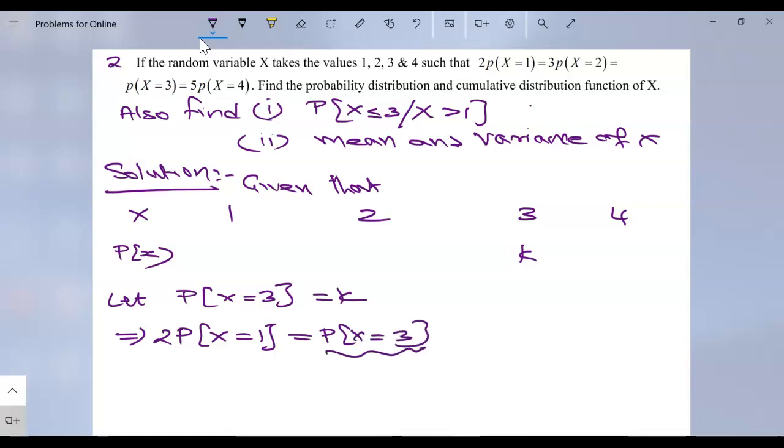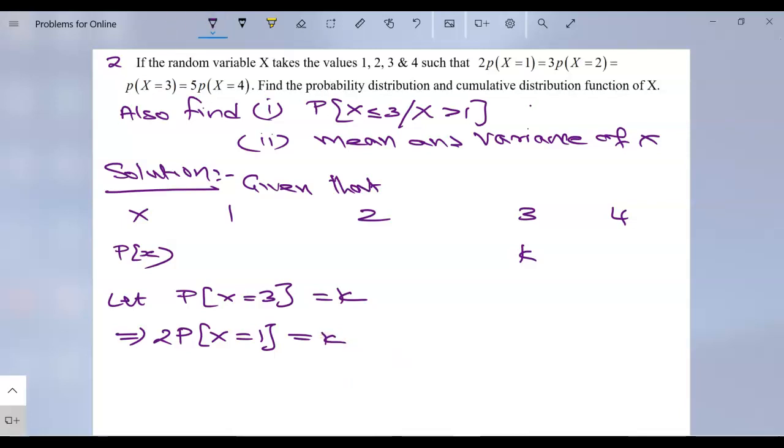This was given to us. I have called probability of X equal to 3 as k, so I'll replace it. It implies 2 times probability of X equal to 1 is equal to k.